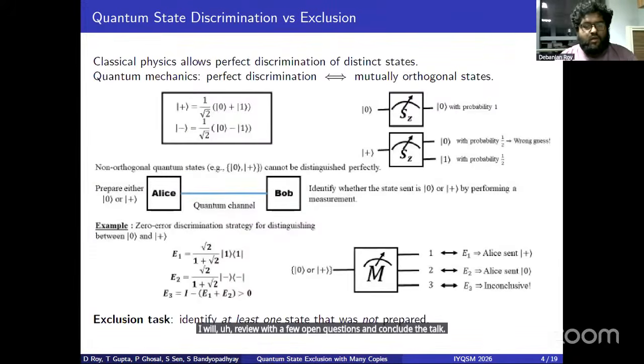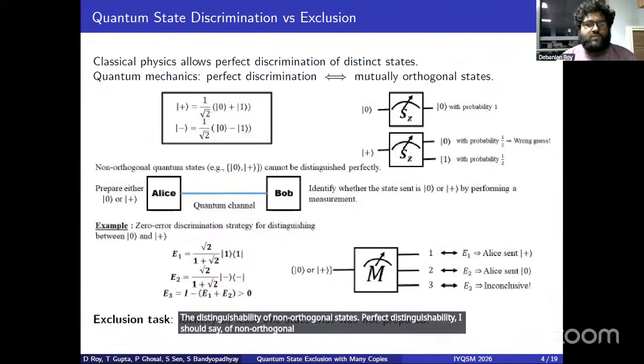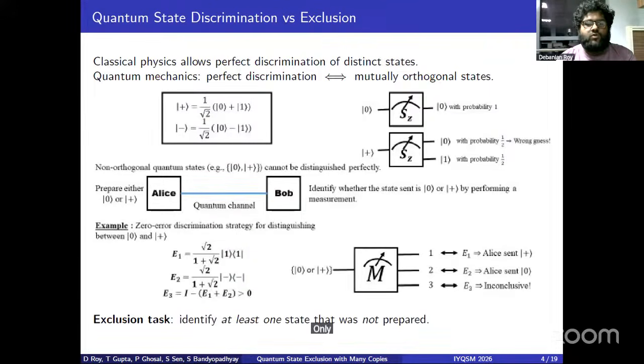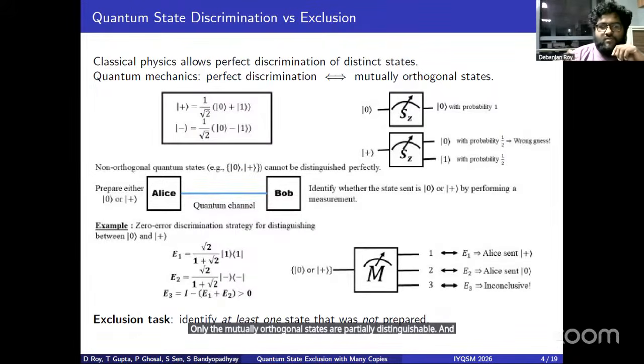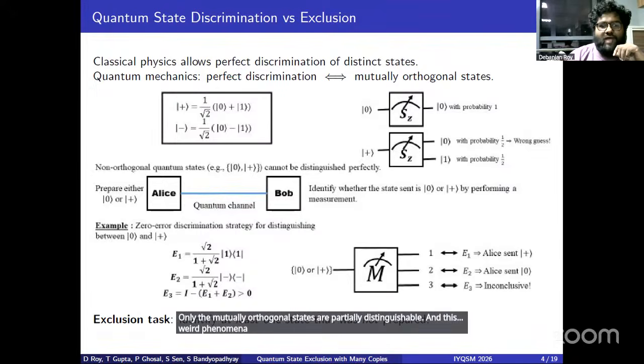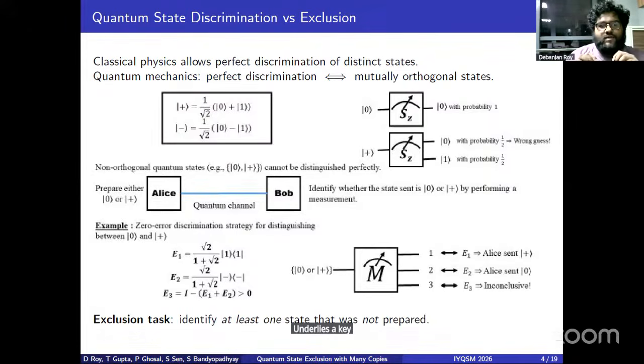So, in contrast to classical mechanics, quantum mechanics forbids the perfect distinguishability of non-orthogonal states. Only the mutually orthogonal states are perfectly distinguishable, and this weird phenomenon that has no classical analog underlies a key quantum phenomenon called the no cloning theorem, which forbids the replication of unknown quantum states.